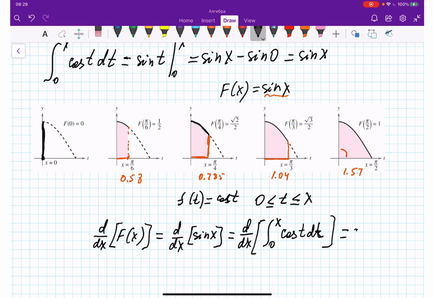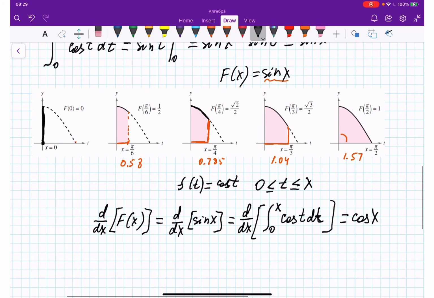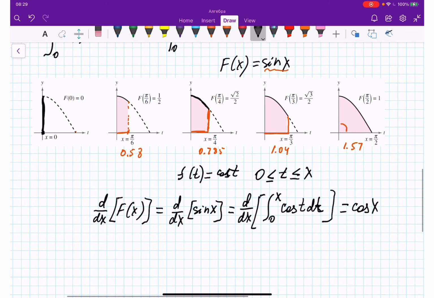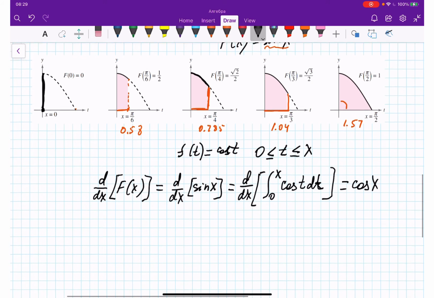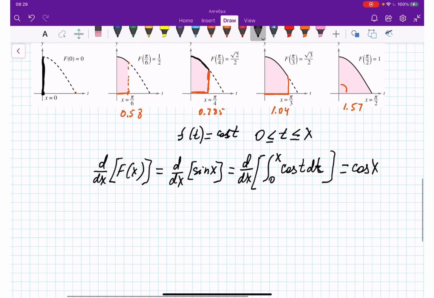It's going to be equal to cosine x. So this result that is generalized is called the second fundamental theorem of calculus.